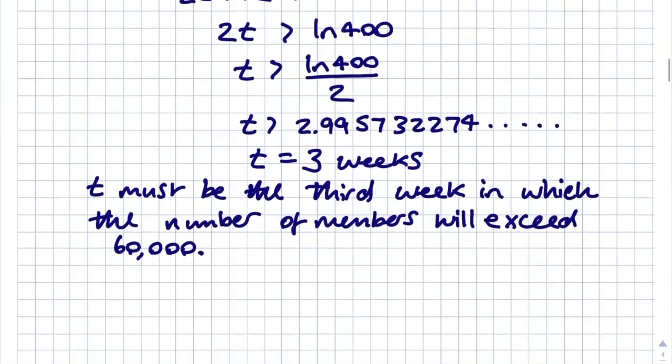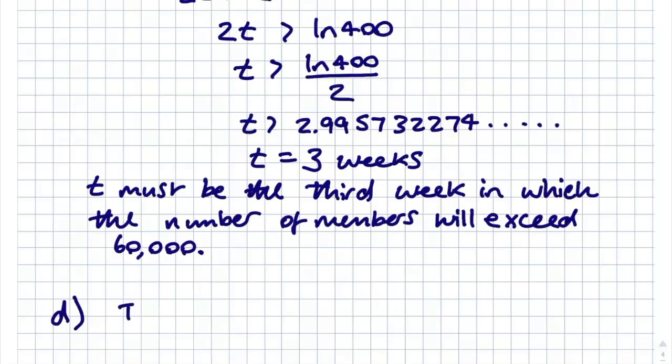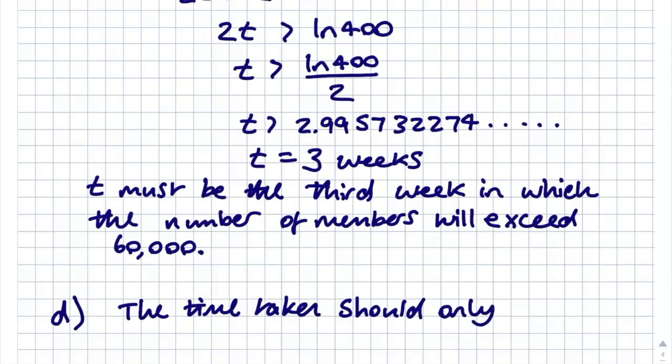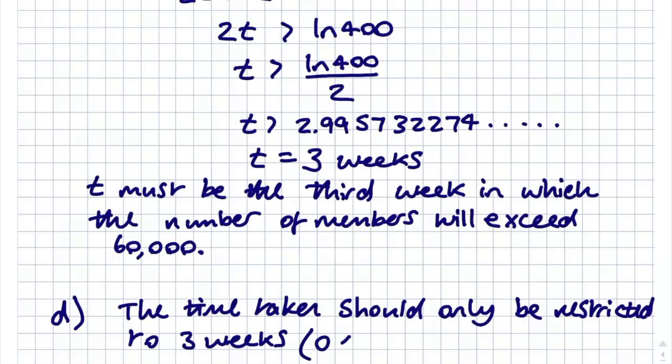So in part D, the time taken should only be restricted to 3 weeks. In other words, we could write this as an inequality: the value of t is between 0 and 3.